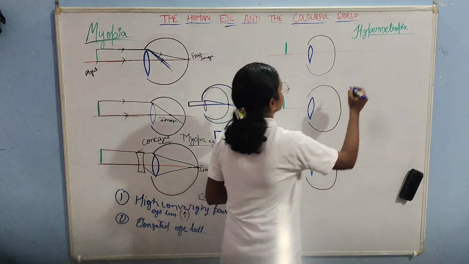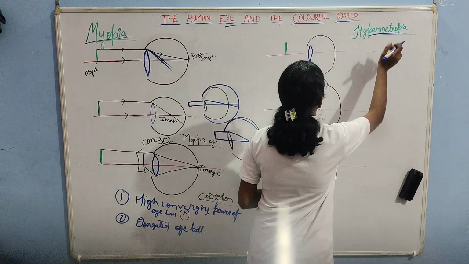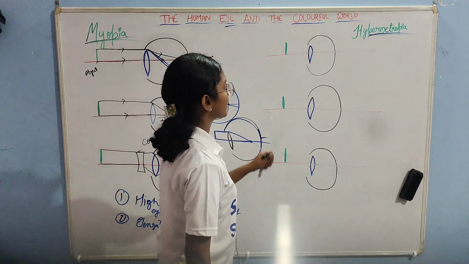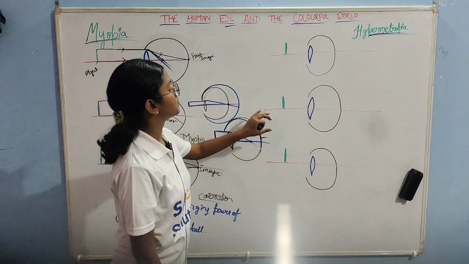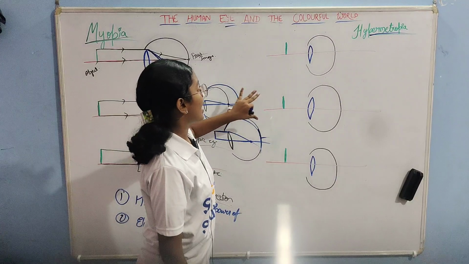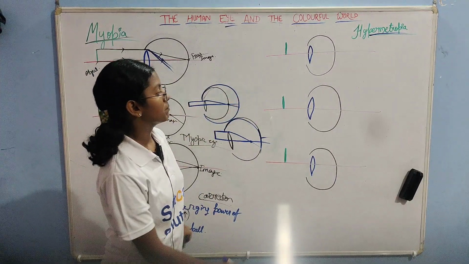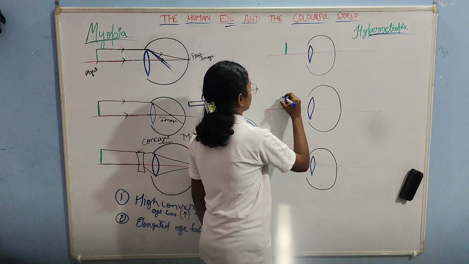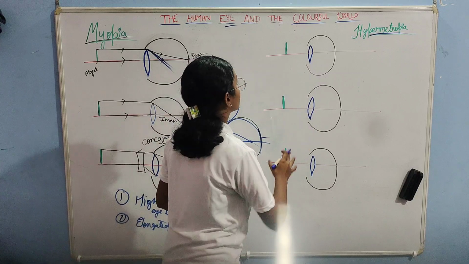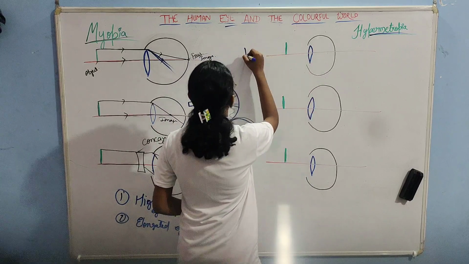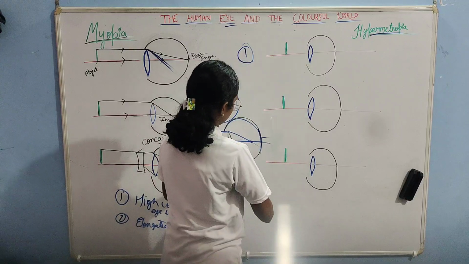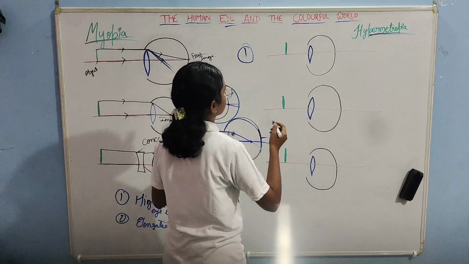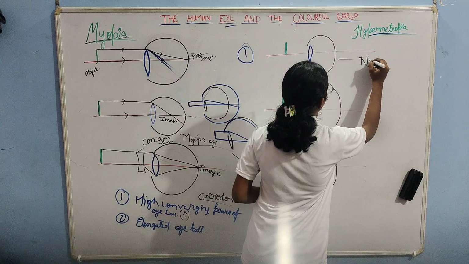Now the second disease is hypermetropia. It means that in this defect a person will see the far object clearly, but the near object will become blurred to this eye. Let's see the first case, how a near object will look to a normal eye. That's the case of a normal eye.